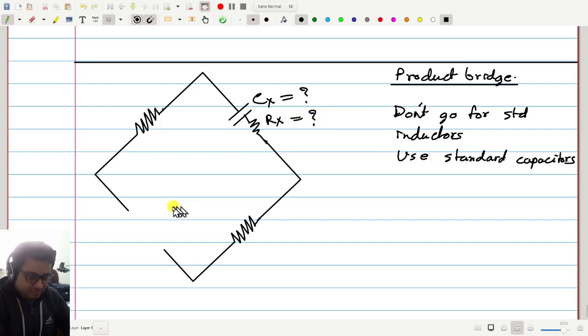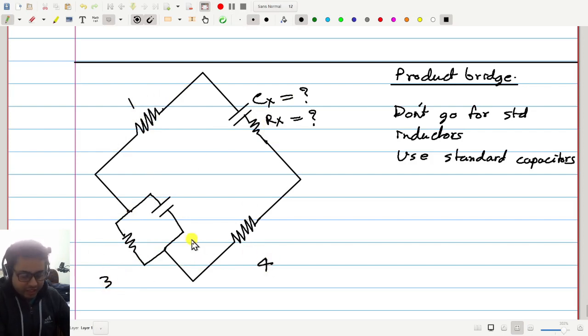So now what can you do? Use the capacitor in parallel with the resistor. If we go for an RC combination, let me be consistent, 1, 2, 3, 4. Now, do you see any problem in this bridge?